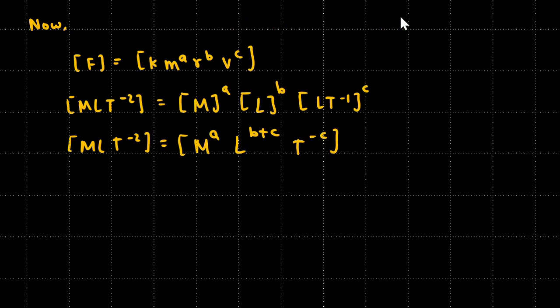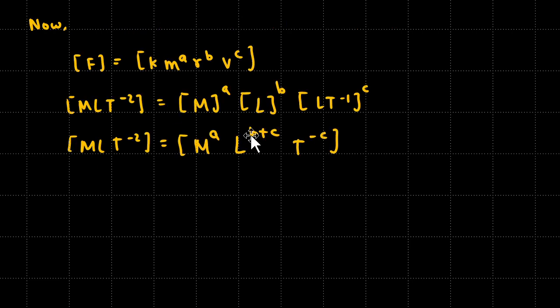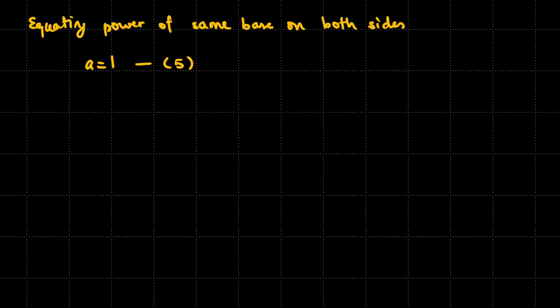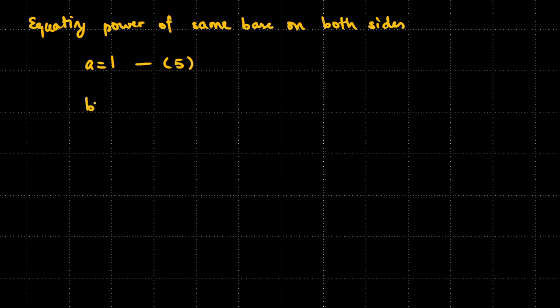Let's see for M. Here a is equal to 1. Let's call this equation number 5. And here b plus c also equals 1 when we look at L. So b plus c equals 1. Let's call this equation number 6.